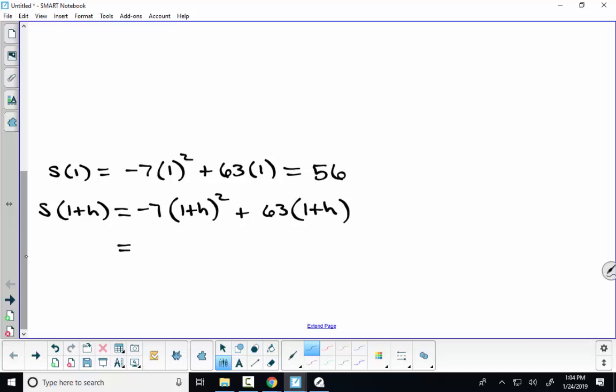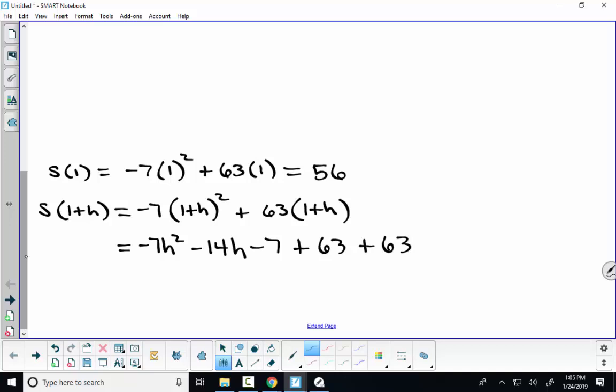We have negative 7h squared. I have 2 h's times negative 7, minus 14h, minus 7, plus 63, plus 63h. Everybody okay with that?